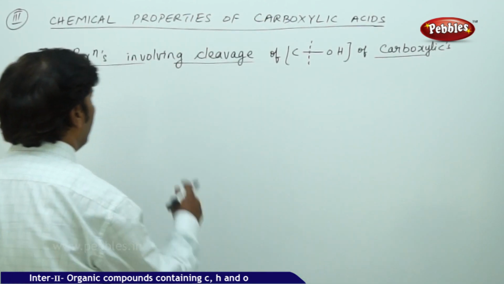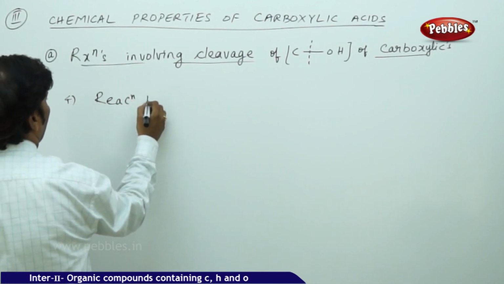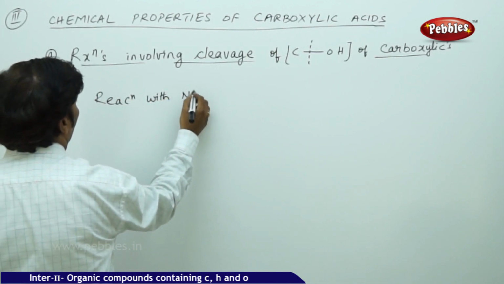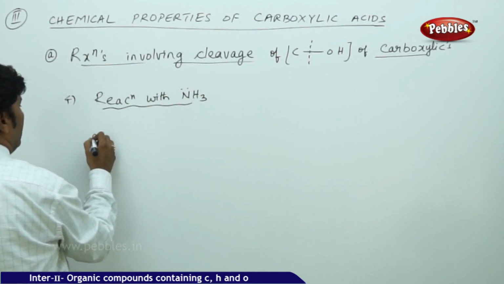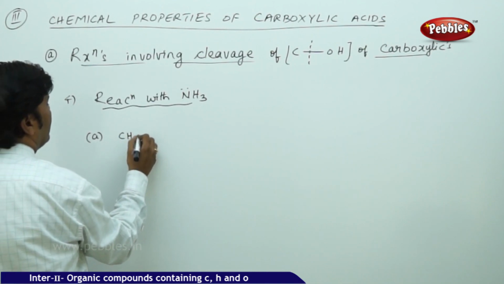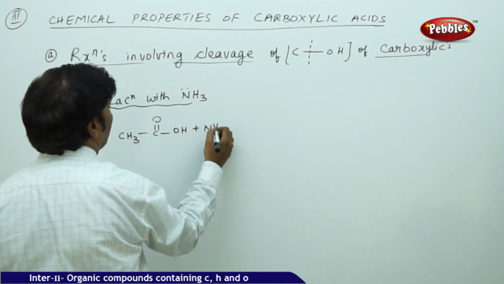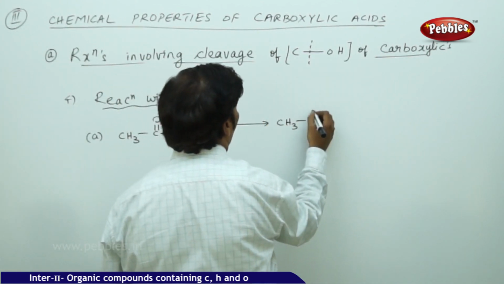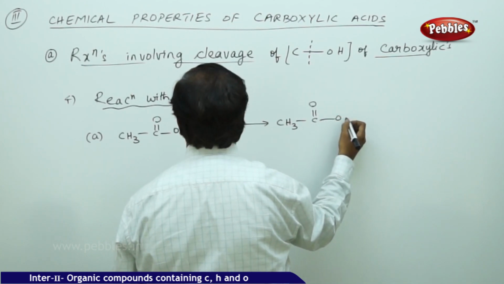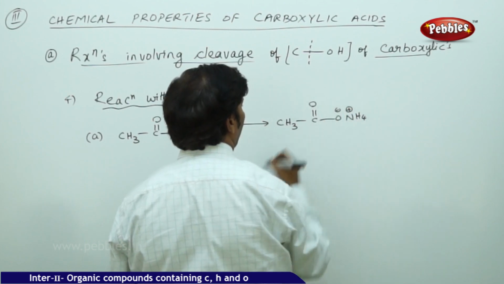So the next part of the reaction, that is the fourth one, reaction with ammonia. If you take acetic acid, when treated with ammonia, you get ammonium acetate, CH3-C(=O)-O- NH4+.